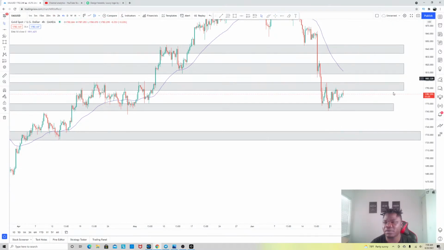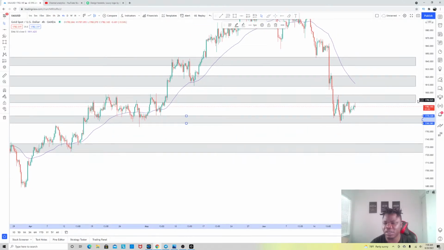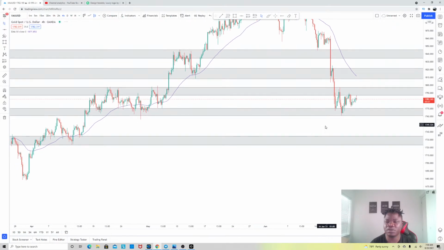right now, although gold is still in a downtrend, looking at this on the higher time frame, we really don't know what direction gold is going to head towards.